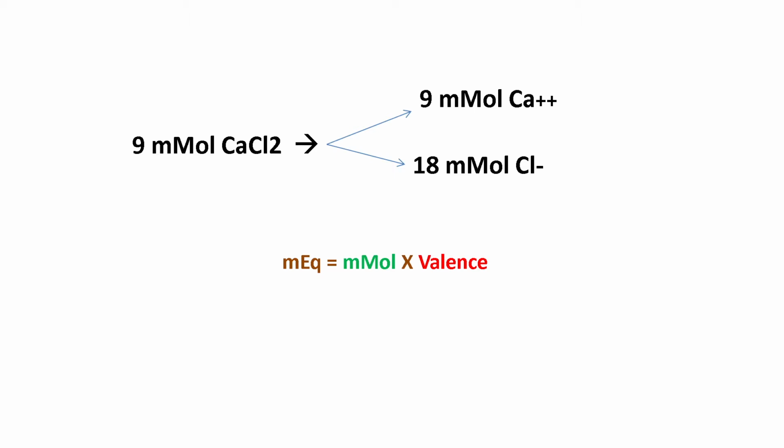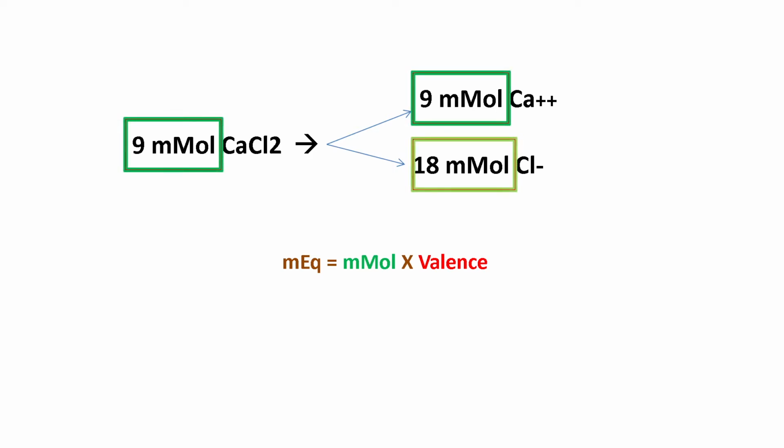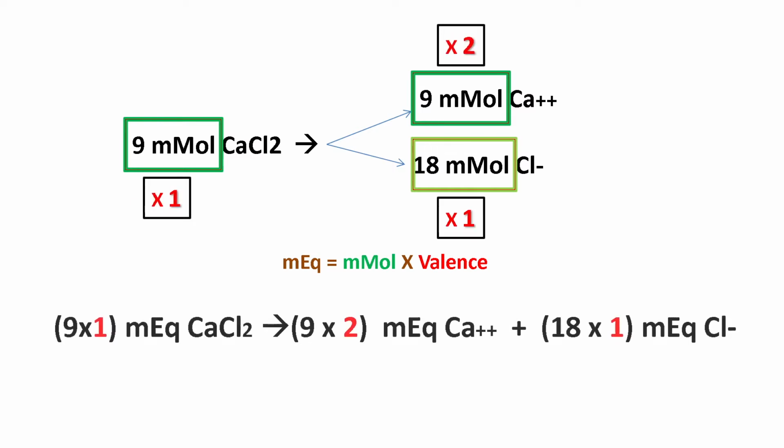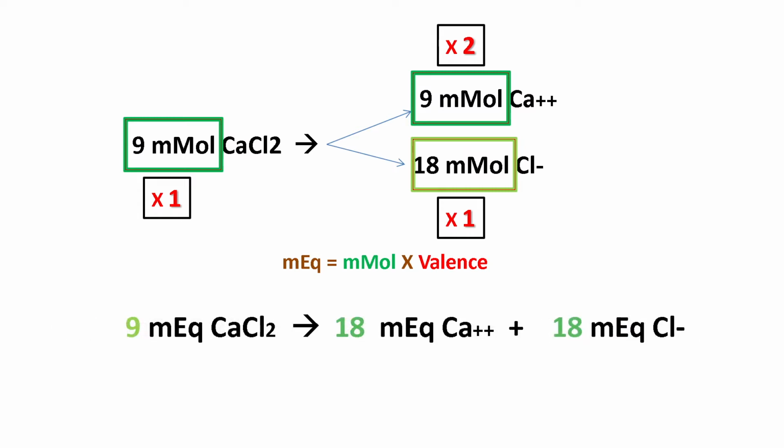So we convert the millimole values into milli-equivalent values by multiplying them with their respective valences. Now we get 9 milli-equivalent of calcium chloride is equal to 18 milli-equivalent of calcium ions and 18 milli-equivalent of chloride ions.